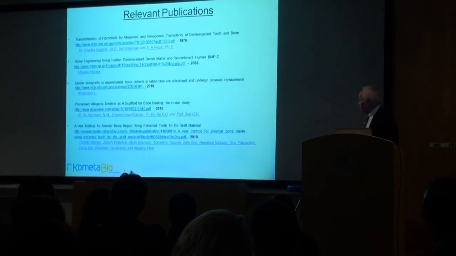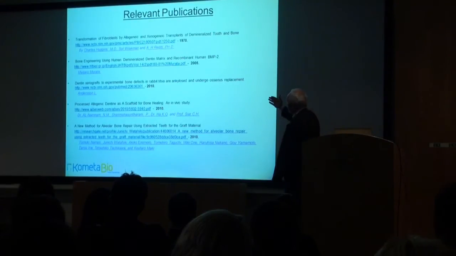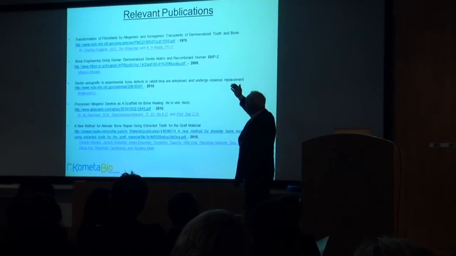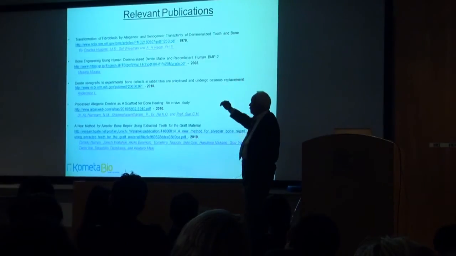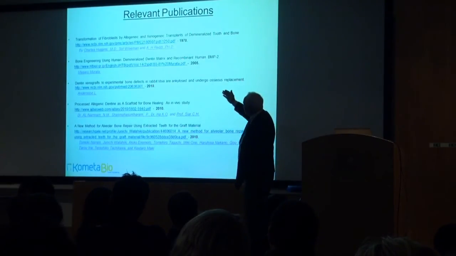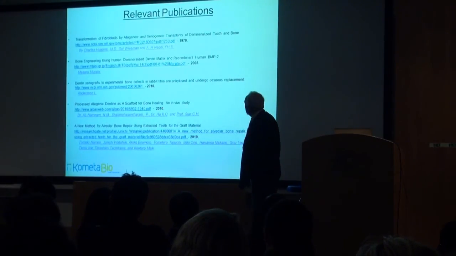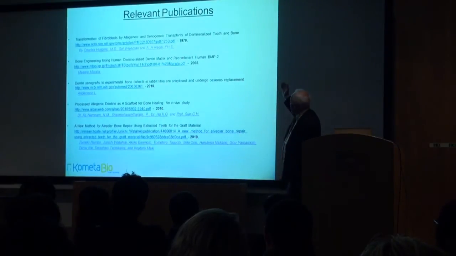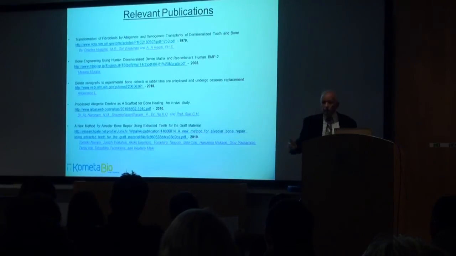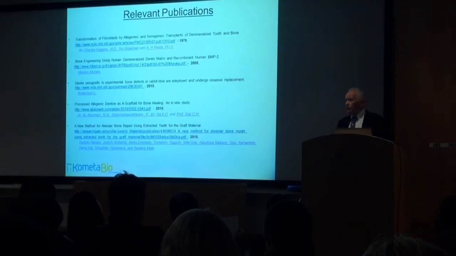Publications. The publications about using dentin started, as I said, around 1970, I believe, even before. This is by Huggins, who got the Nobel Prize, and Harry Reddy, my friend, and they showed that demineralized tooth dentin and bone transform fibroblasts into bone under the skin, so they even have an inductive property.